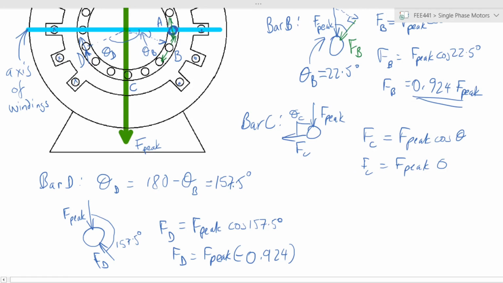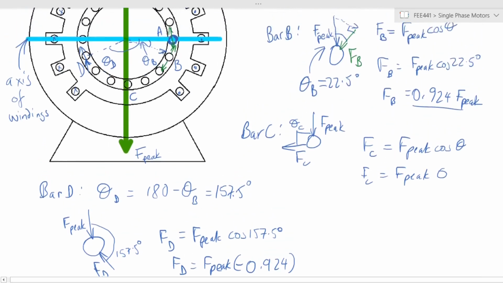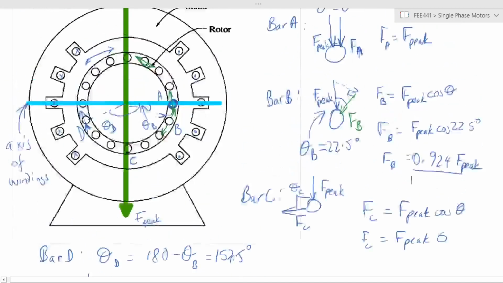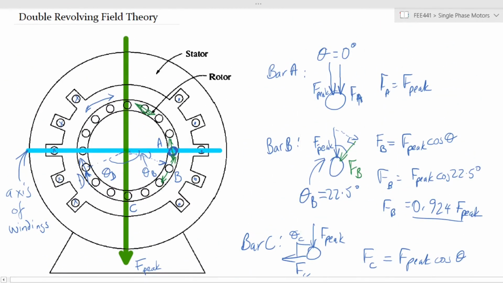What does that mean? That means that if you take FD, the force that's acting on D, and the force that's acting on B, they tend to be equal and opposite. And we can extrapolate that across the entire rotor and say that all points that are on each side of each other, all the forces acting on the left-hand side or the right-hand side will be directly opposite to those acting on the opposite side.